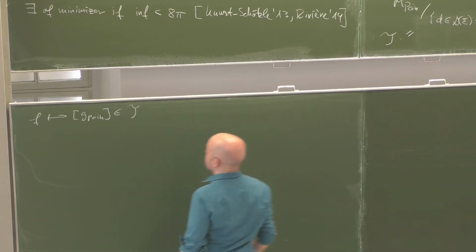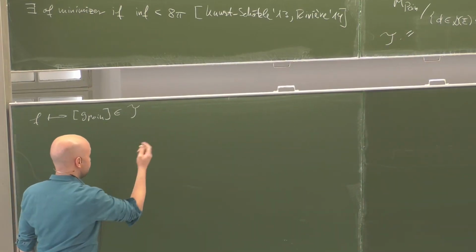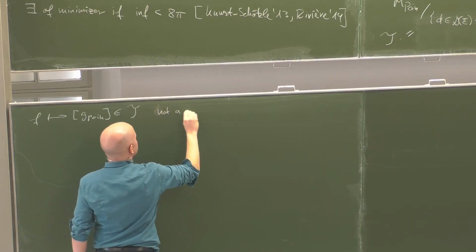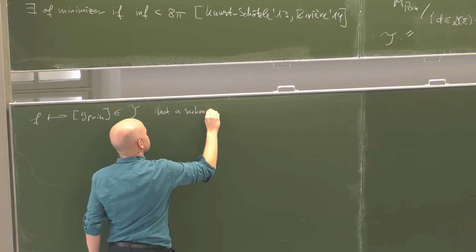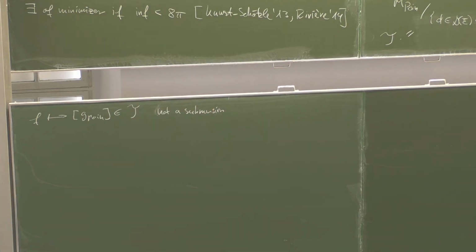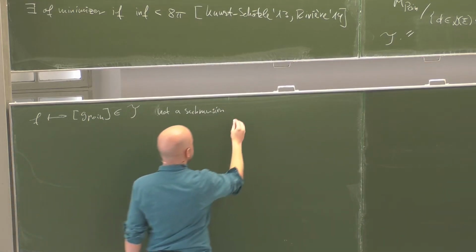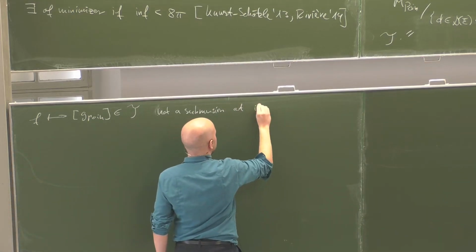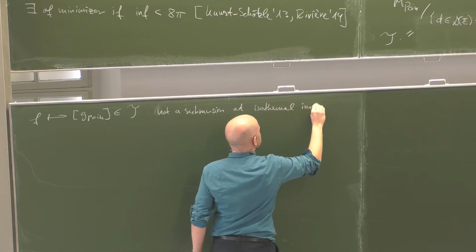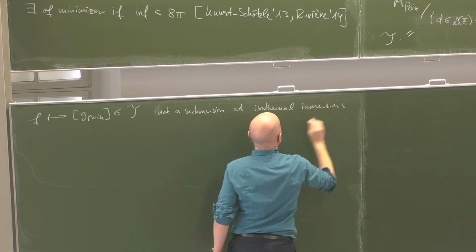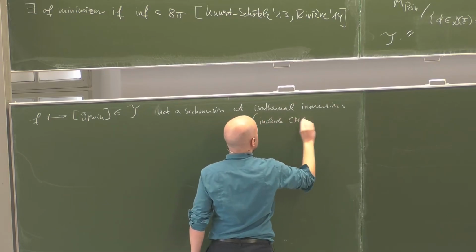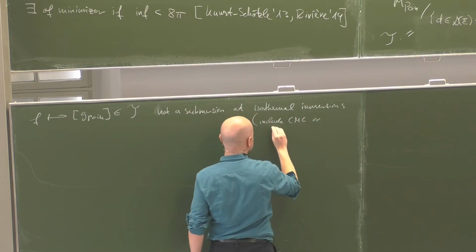This is a smooth map, but not a submersion. So it's not that helpful to understand the analytical structure of this constraint. It's not a submersion at isothermal immersions, which includes CMC immersions or surfaces of revolution.